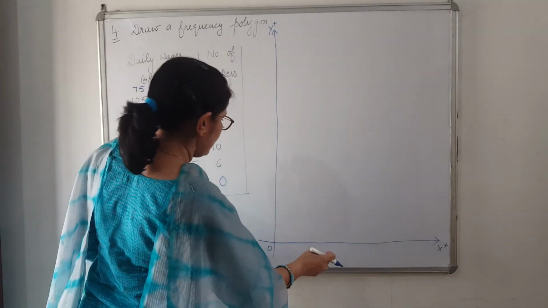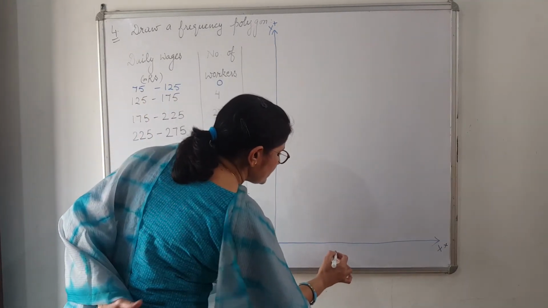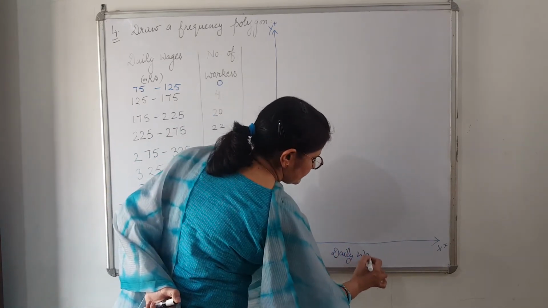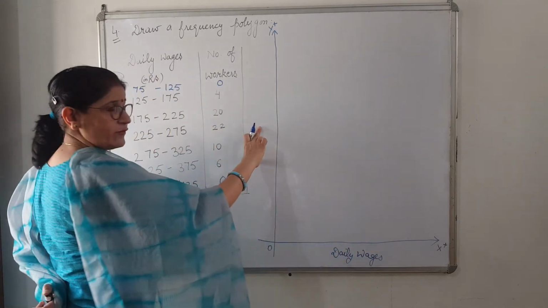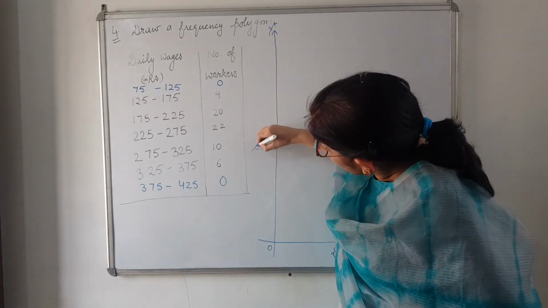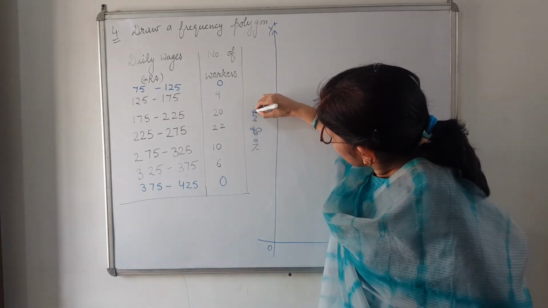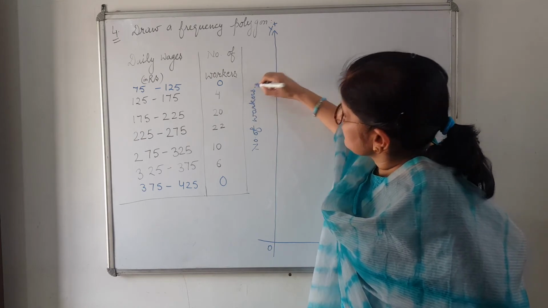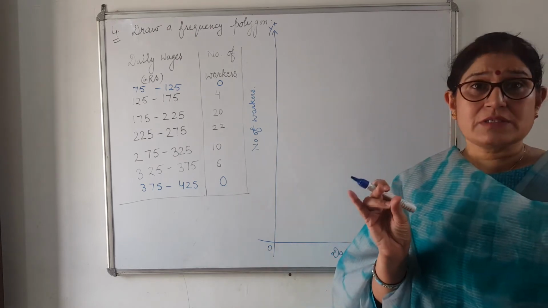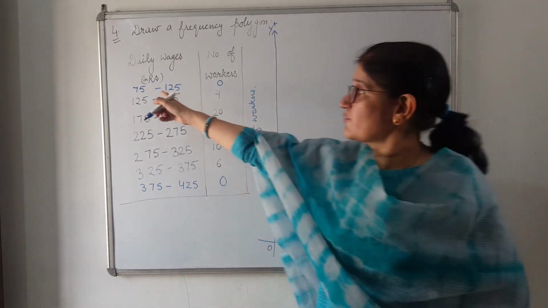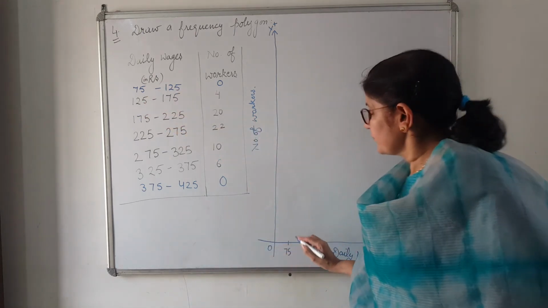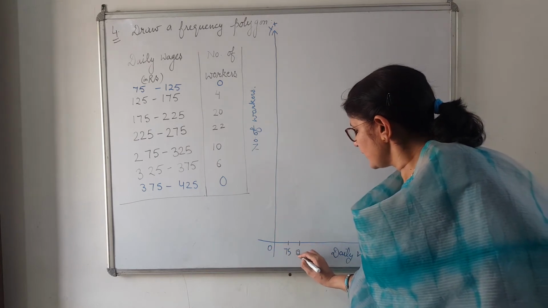So here we will show class interval or daily wages. Here we have to show number of workers. What we will do? Number of workers, 0. Then you take 10 boxes gap and then start from 75. 75. Then next 125.